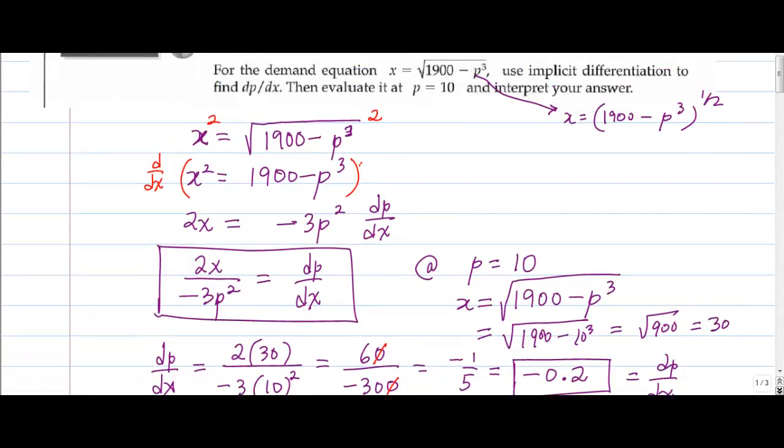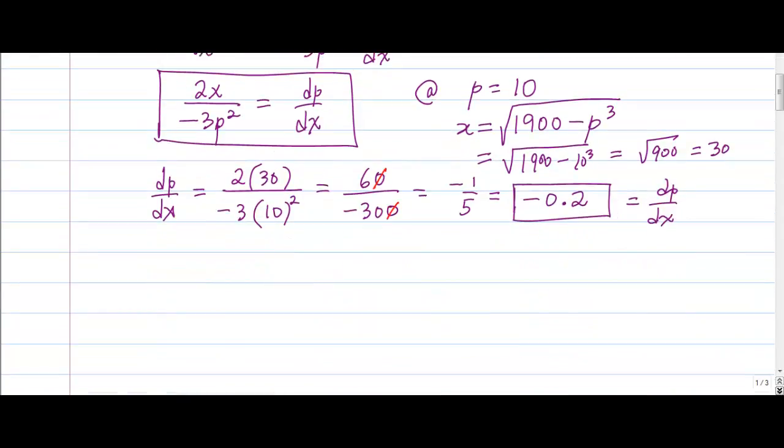So when P equals 10, when the price is $10, dp dx is the change in price divided by the change in the demand, or the number of items.